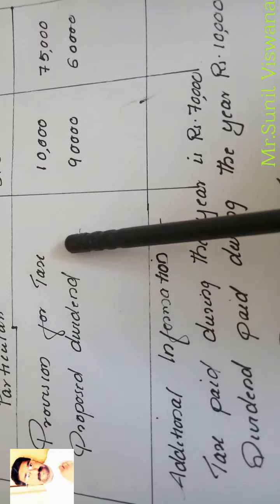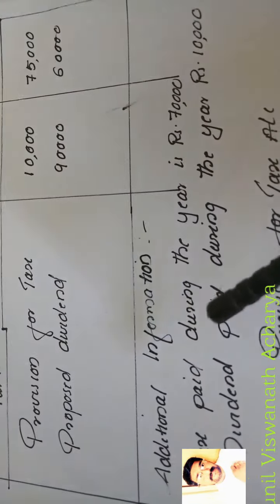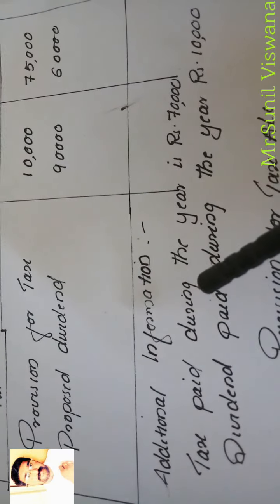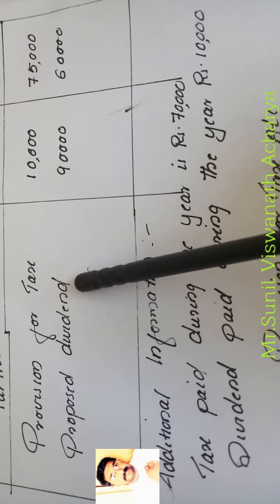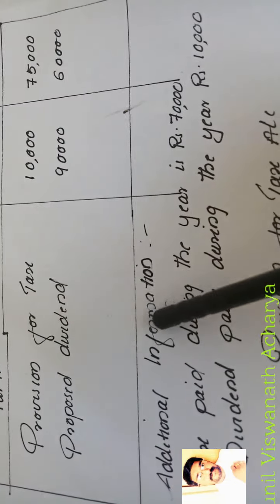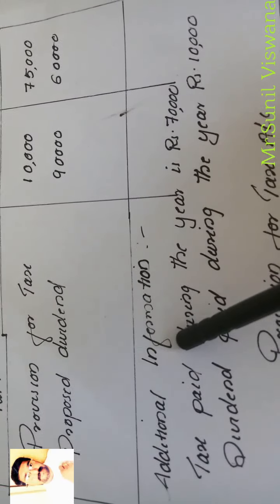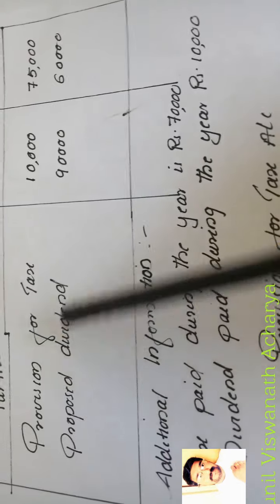So for provision for tax or proposed dividend, if any additional information is given below the balance sheet, we have to prepare the provision for tax account as well as the proposed dividend account.